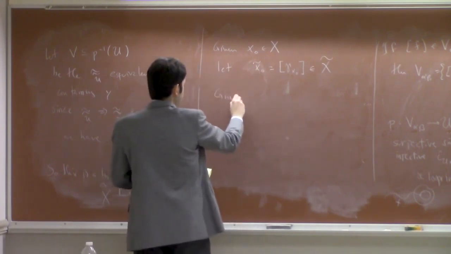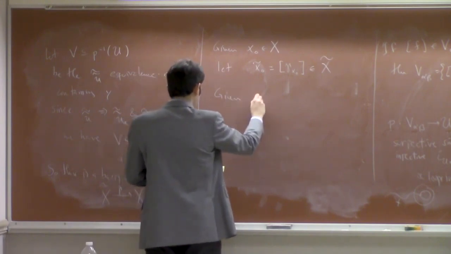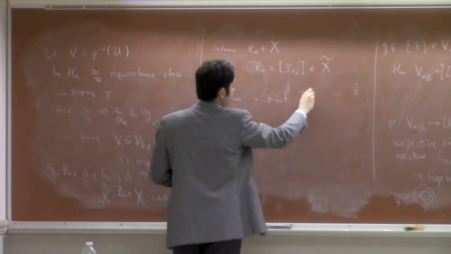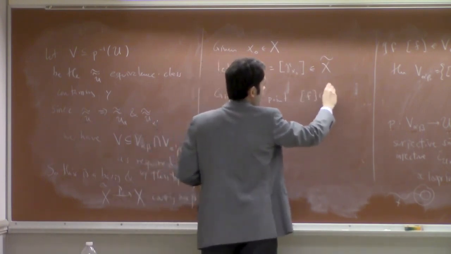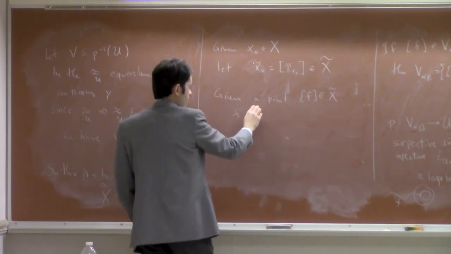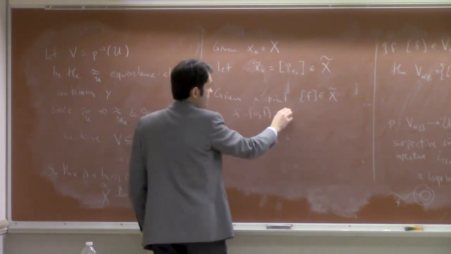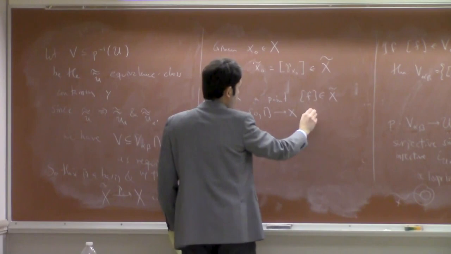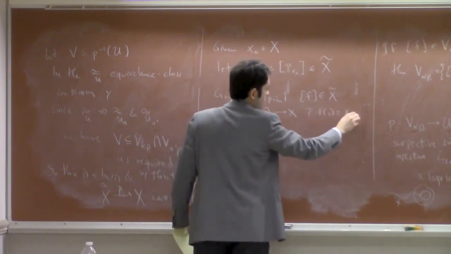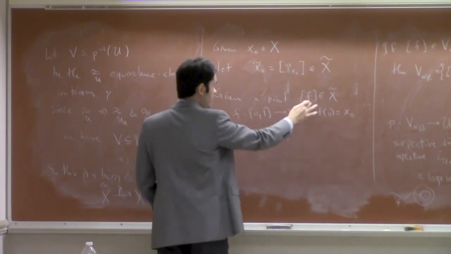So given a point in X tilde. So remember, f is a path in X starting at X naught, and this is its path homotopy class.